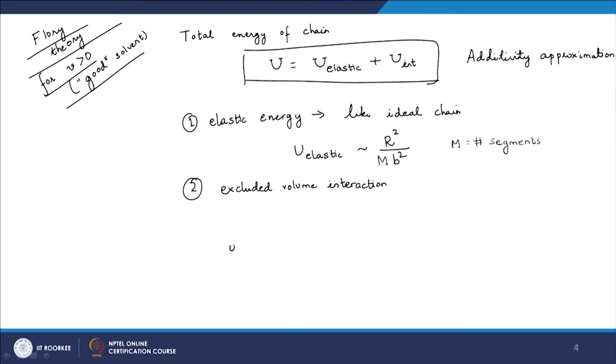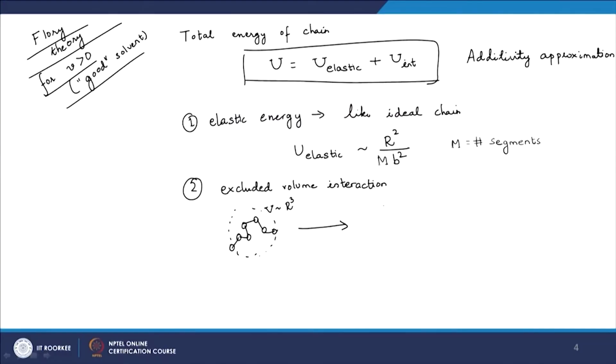So what this means is, of course, my chain looks like this. It occupies some volume. The volume, in 3 dimensions, scales like R to the power of 3. You can think of it like a sphere, which has a volume of 4/3 pi R cubed; we do not care about prefactors again.